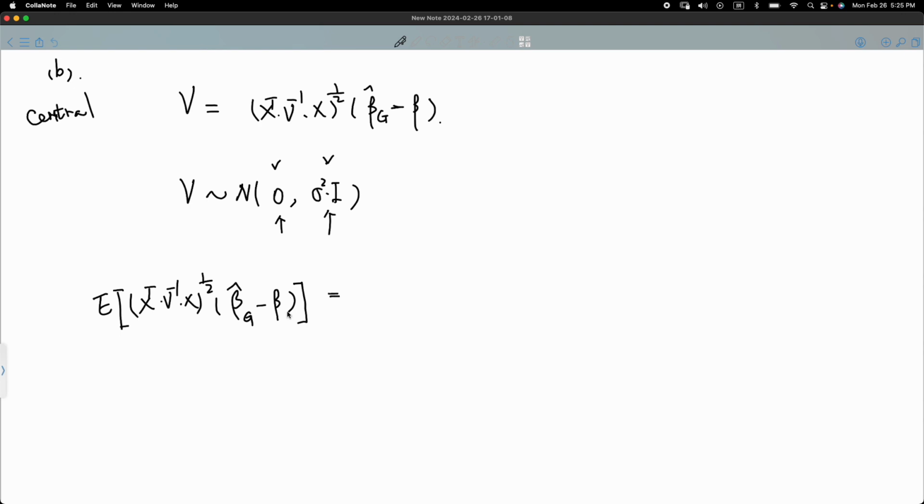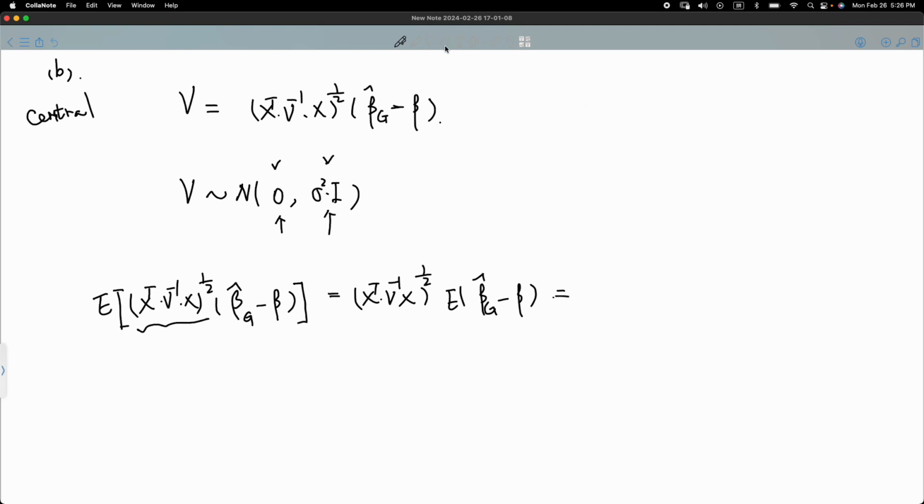Okay, so this term here, they are all non-random, right? So we can move it outside of the expectation. X transpose V inverse X, and then to the power 1/2. Now we have the expected xg minus beta.